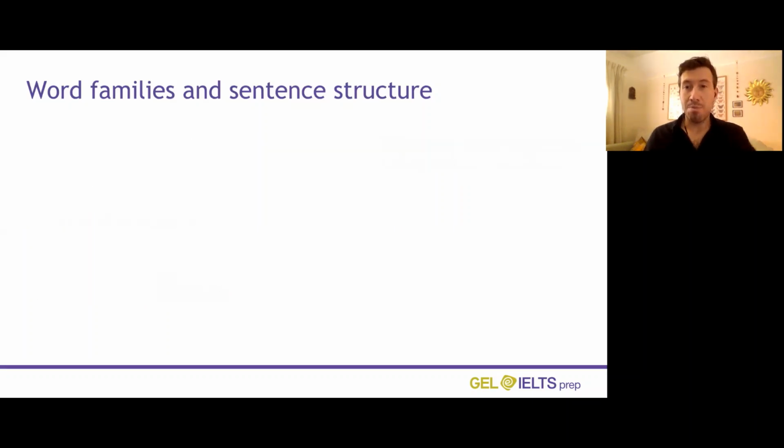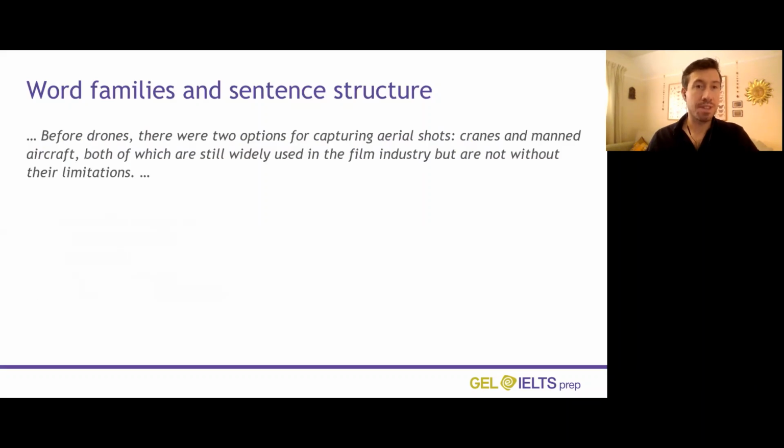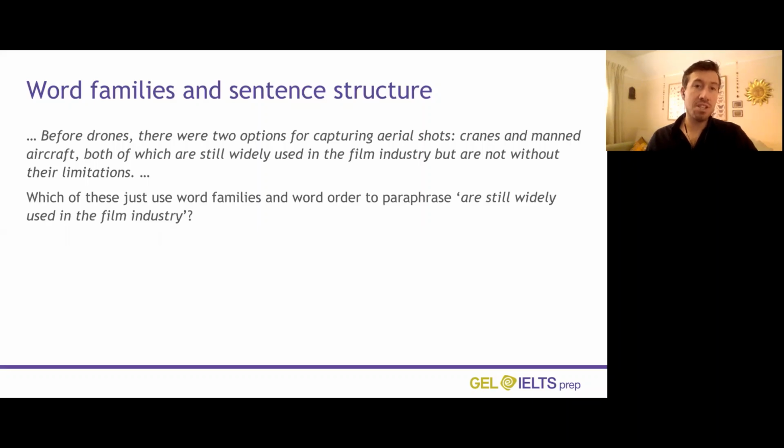So let's have a bit of practice with this. Here's that sentence again. Now, which of these just use word families and word order to paraphrase, are still widely used in the film industry? Again, you can see it here, are still widely used in the film industry.